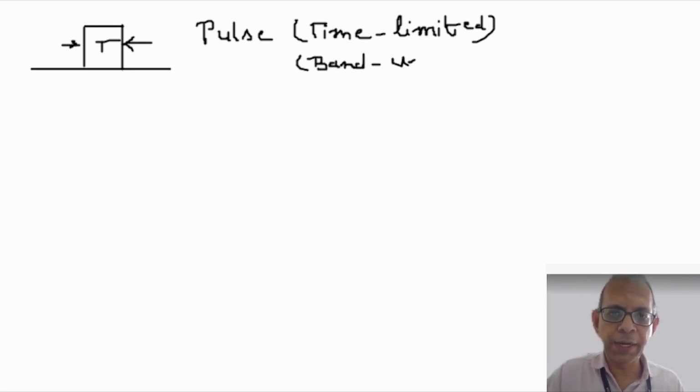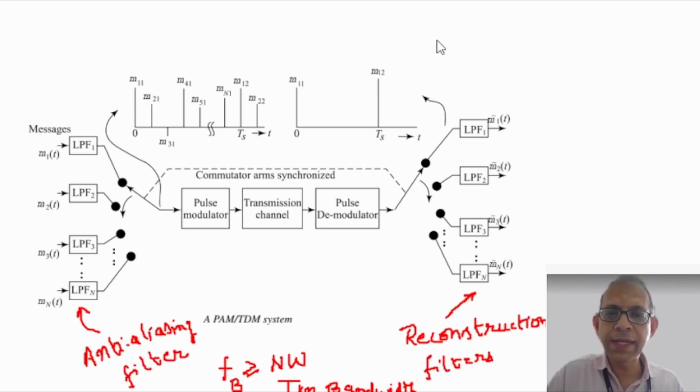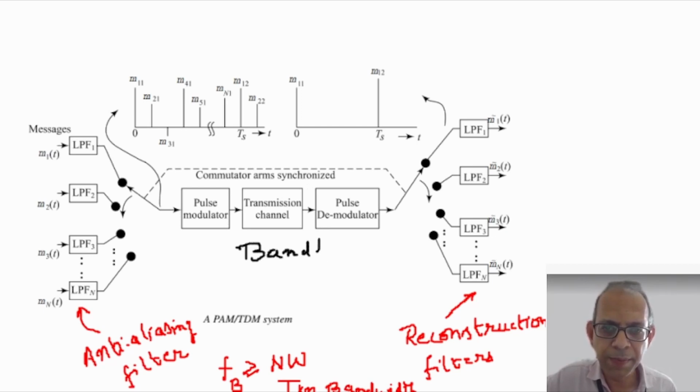Interestingly, the channel that we use for transmission is a band limited channel. The channel is always a band limited channel. It can only allow certain frequencies to pass through it and will reject or attenuate others.